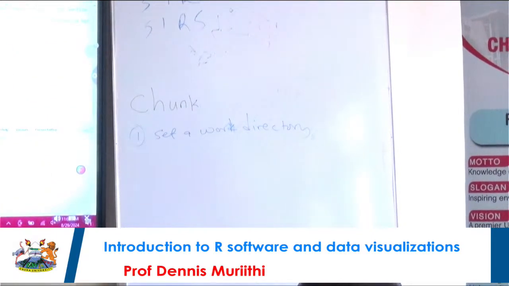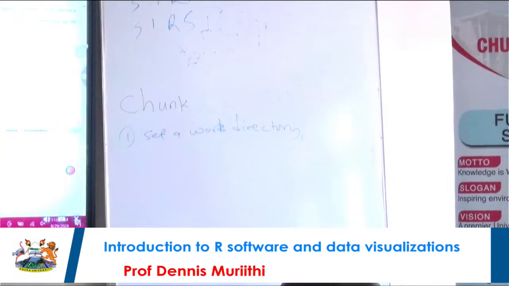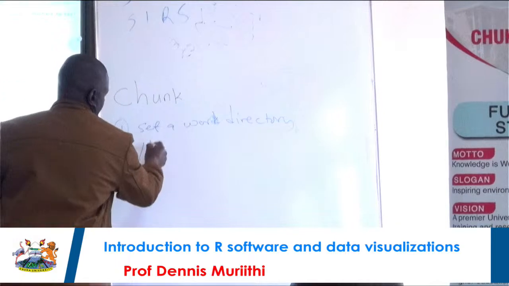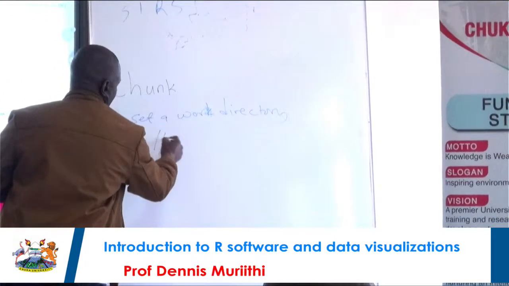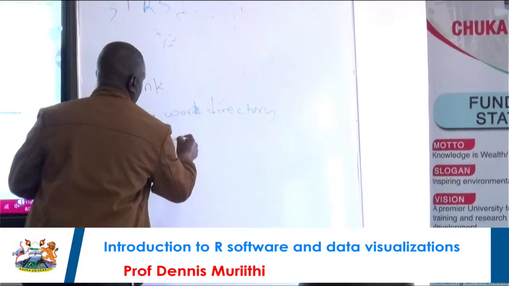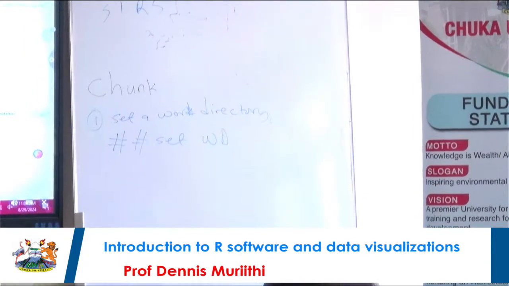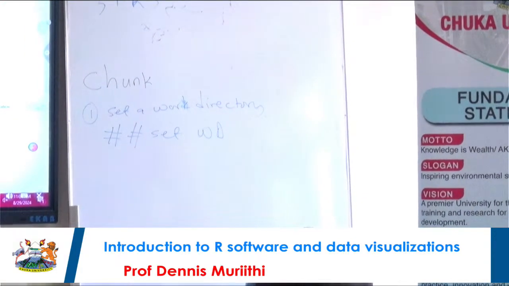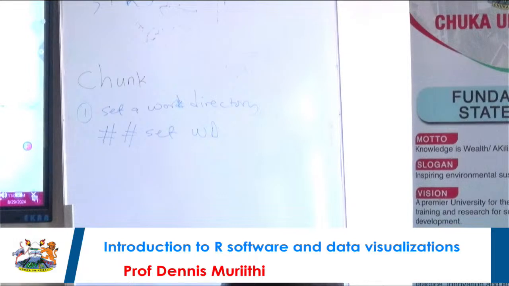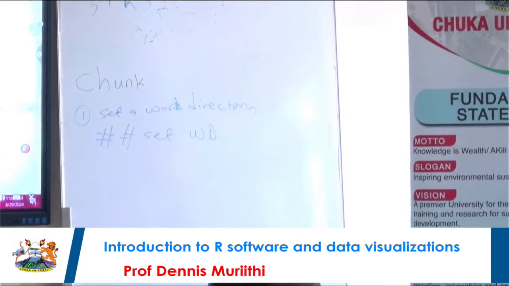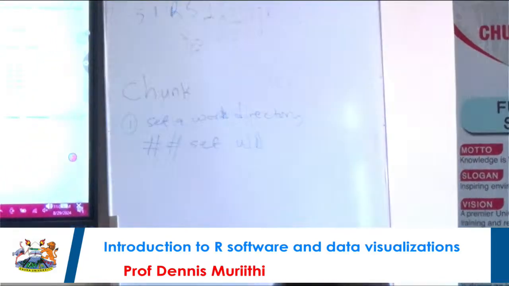How do you set a working directory? I want you to put a comment, hash, like that, then set wd, working directory. And you do it in R, here, on line number 18. Make sure when you're writing something, there's a space. So on line number 18, you write.